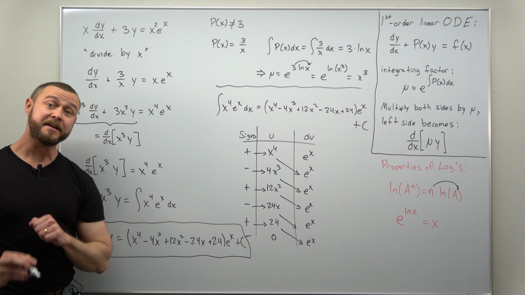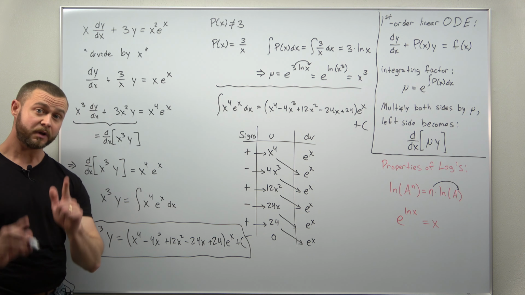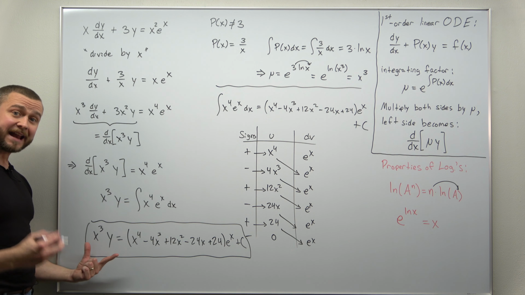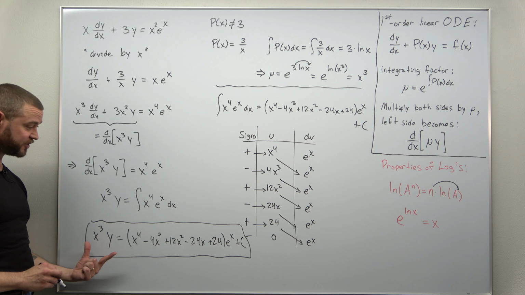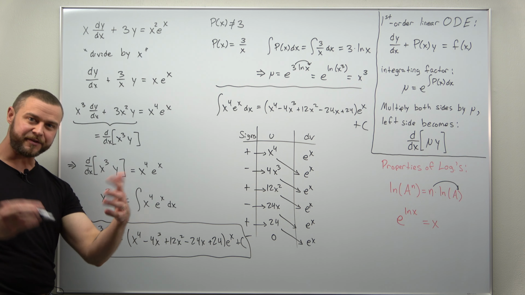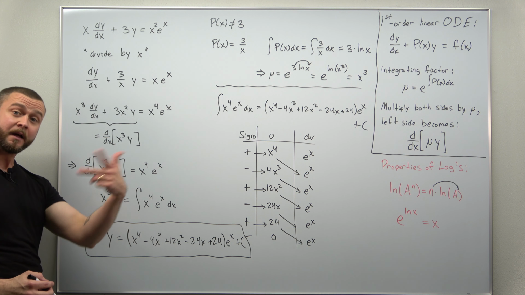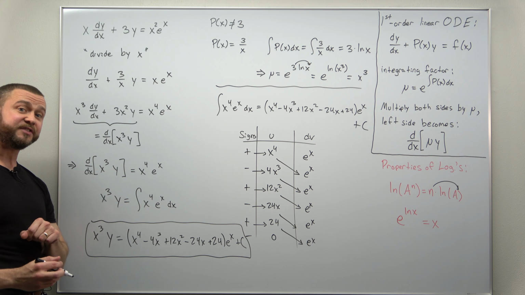And that is our implicit solution. Now, if you want, you can go ahead and get an explicit solution dividing by x cubed, but that's really not going to give you anything nice. You'll get a lot of reciprocals, powers of x's in the denominator.